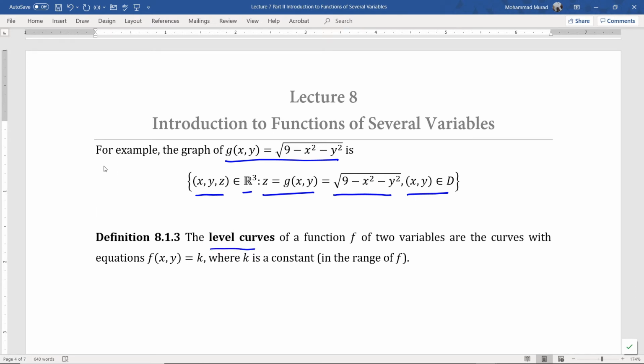The level curves of a function f of two variables are the curves with equations f of x, y equals k, where k is a constant in the range of the function f.